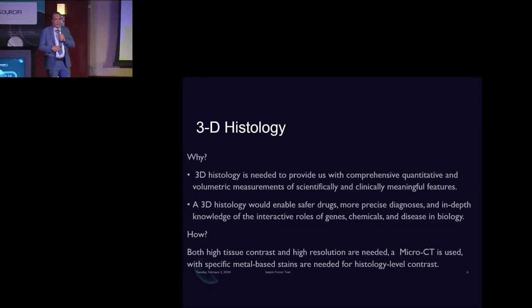And of course, in order to be more visible, you need contrast, and this contrast has to be metal-based stains. Otherwise, it will not work under the normal CT. So that's why you need special stains. We need a micro CT so that you could have 3D histology.